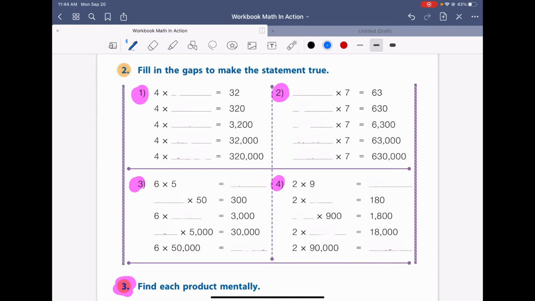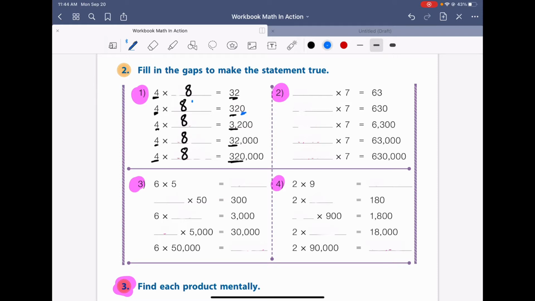You can check it for homework. 4 times what equals 32? 4 times 8. So again, we know these are all 8s. We know they have the same first number, so it's going to be 8, 8, 8, 8, 8.